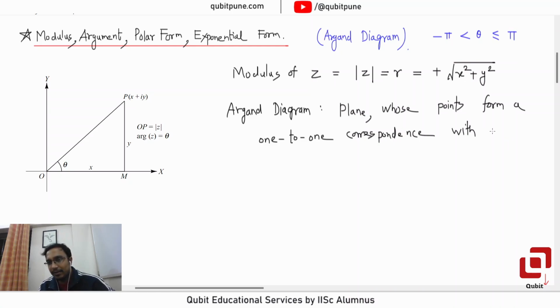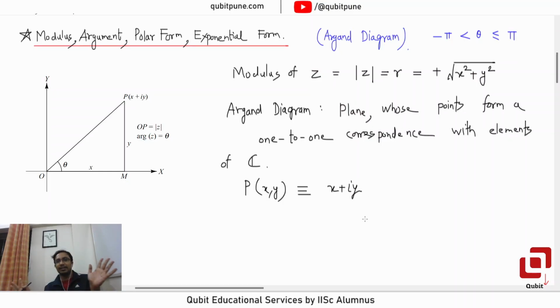Let me put it in this way, with elements of C. Essentially, point P(x, y), whose coordinates are x comma y, represents the complex number x plus iy. When that is there, we call it an Argand diagram. There is nothing unusual about the Argand diagram.